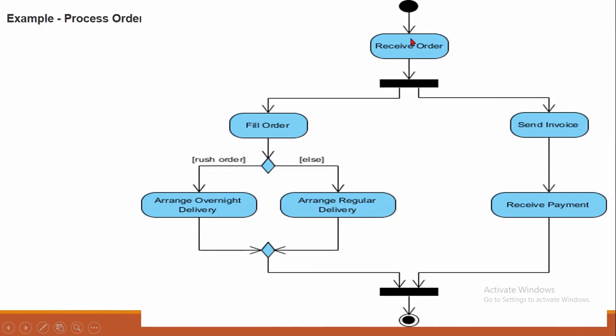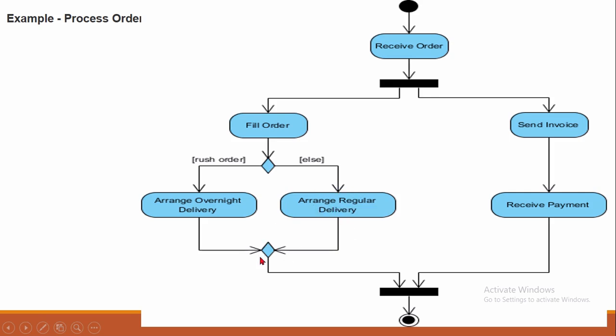This is an example of placing an order. Once you receive an order, there are two parallel activities we are going to perform. First we fill the order, and we send an invoice. Once the order is filled, if you have a rush order, then arrange overnight delivery, else arrange regular delivery.